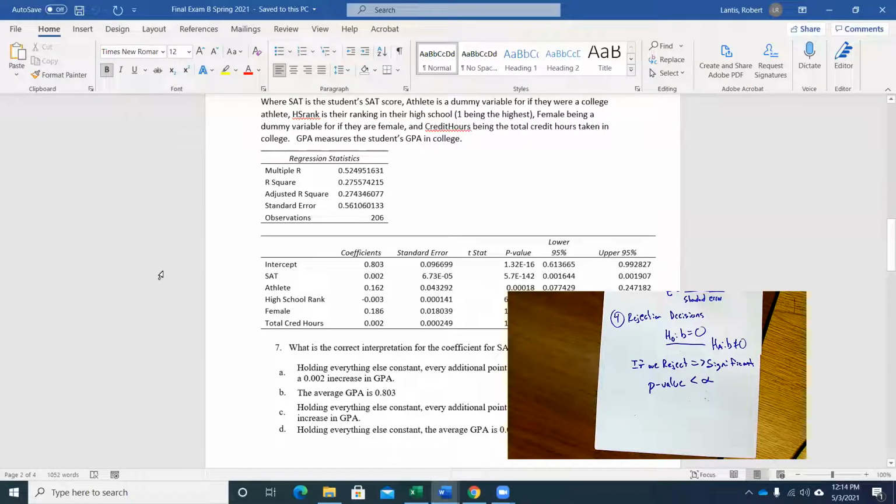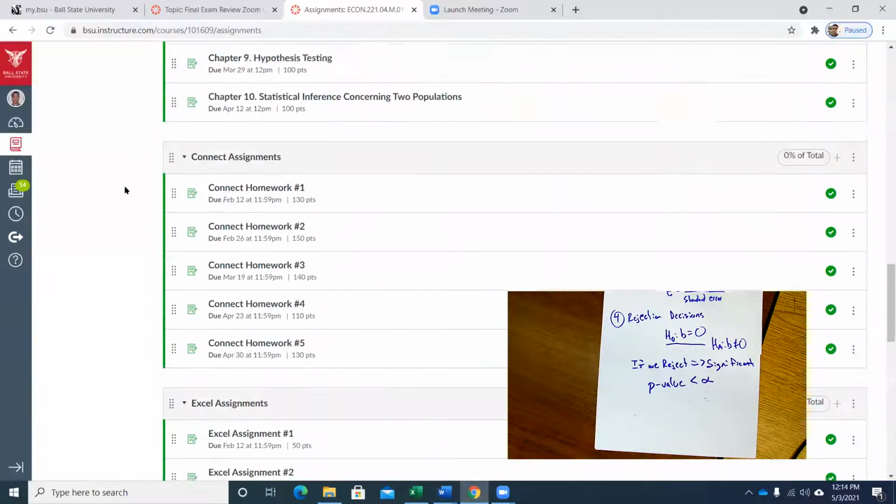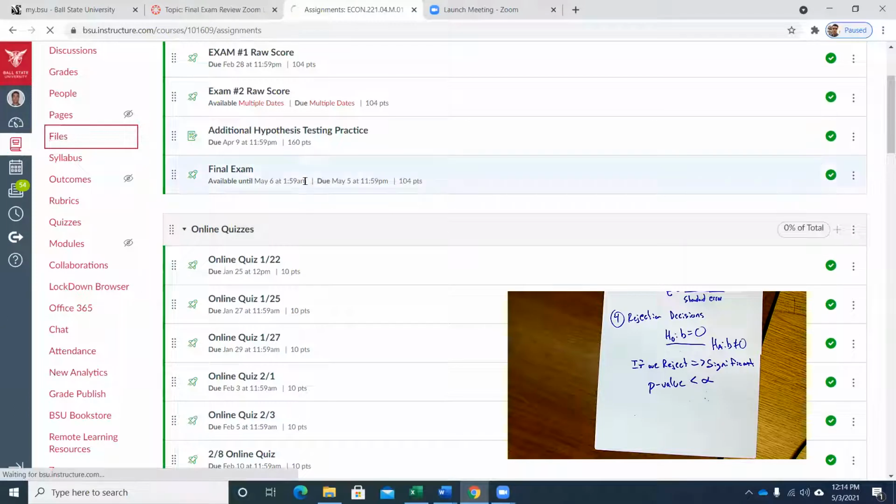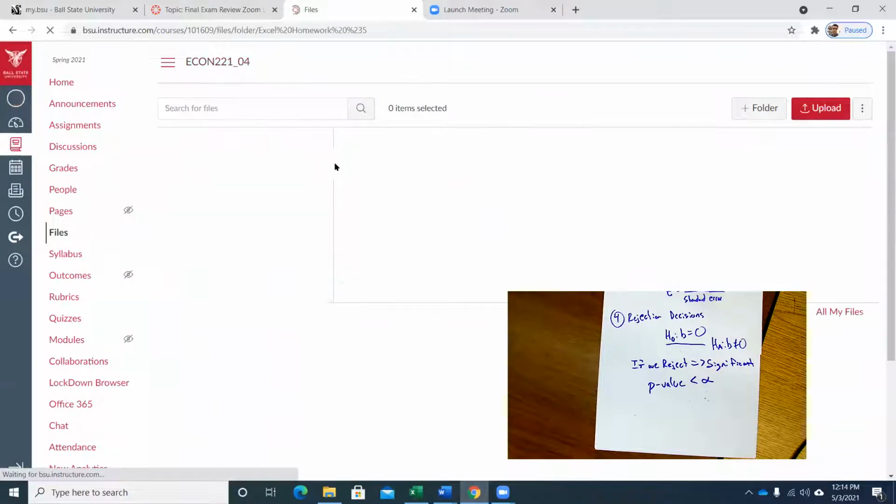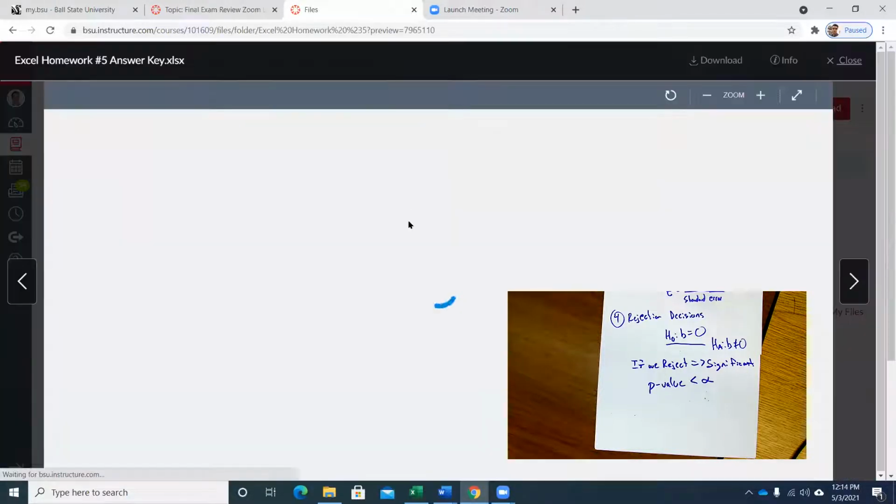The other thing, and probably a really good way to study this, it'd probably be even more complicated than what I would give you as an example on the exam, but I would go to Canvas, Files, and find this homework number 5 here. I put the answer key up, right?